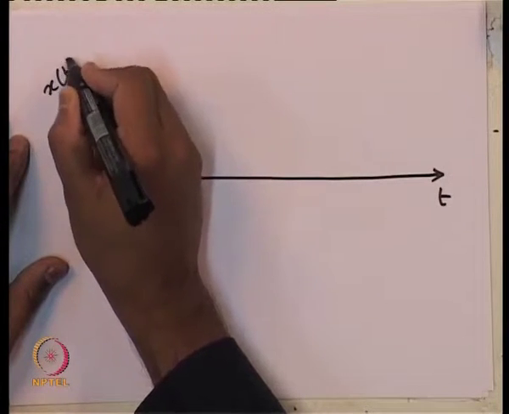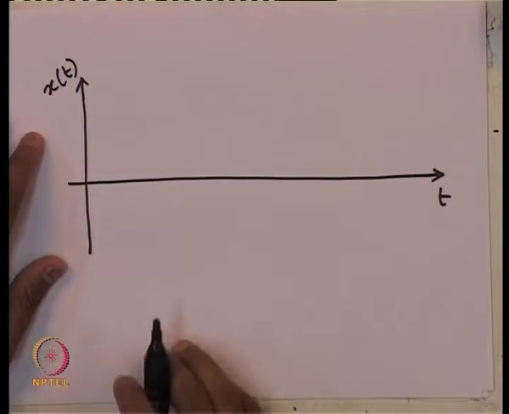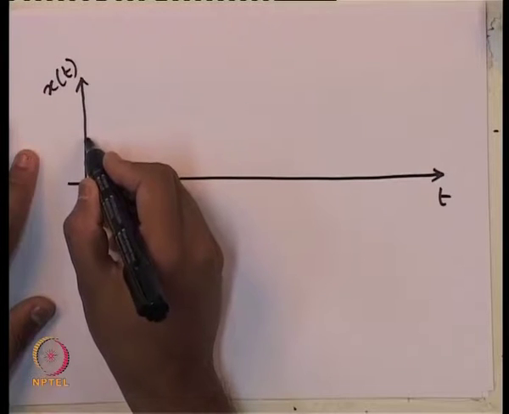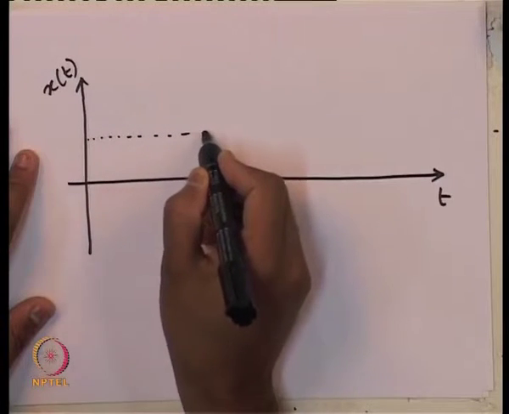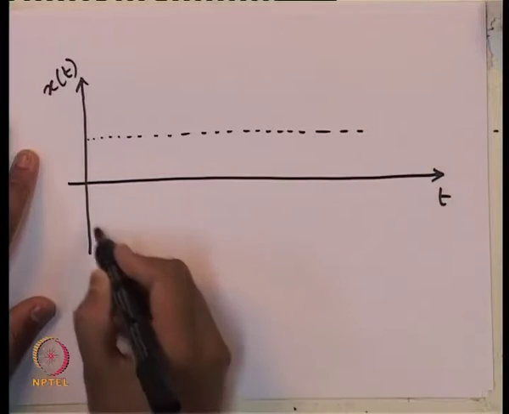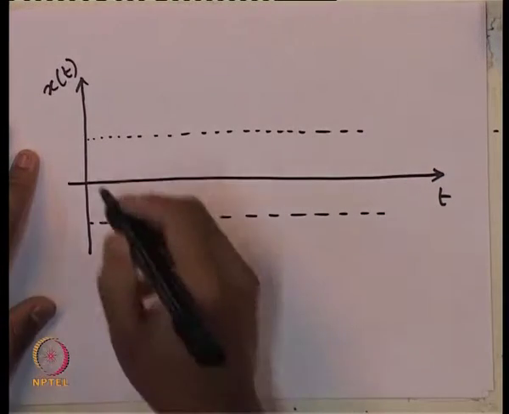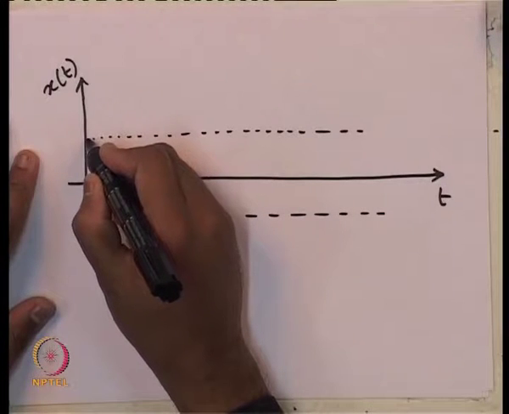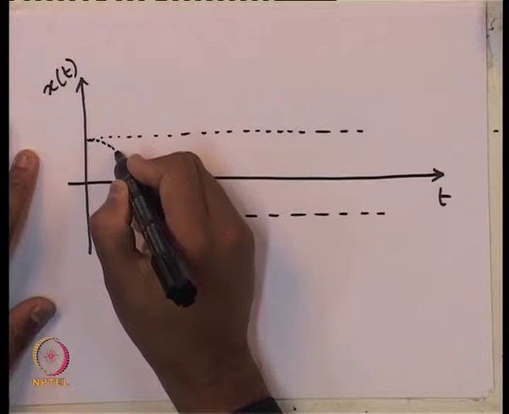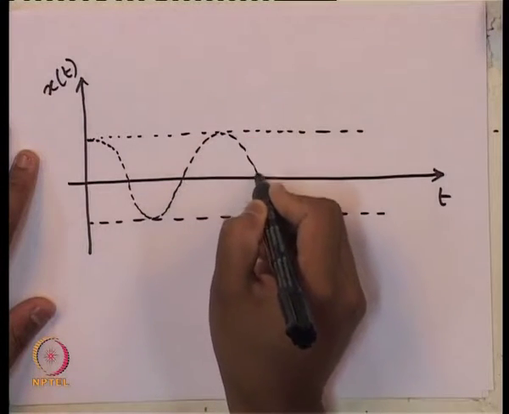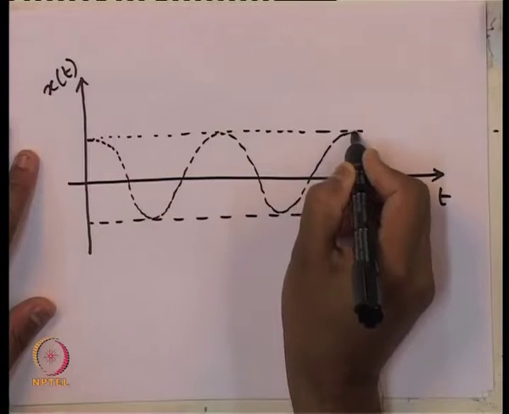I am now plotting the total response x of t. Let me first draw a dotted line with constant amplitude, and then draw this curve, the particular integral part.